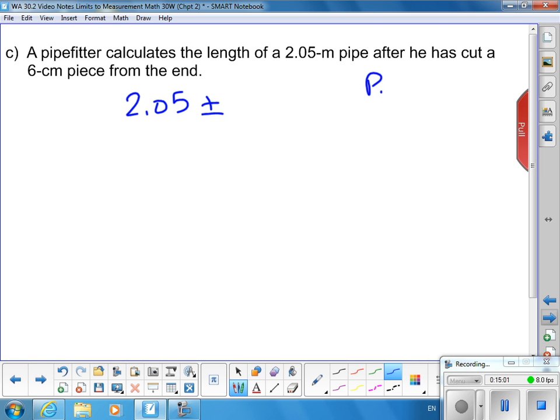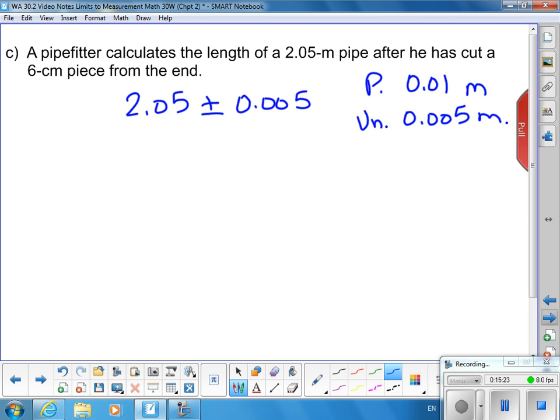Okay, your precision is 0.01 meters. Uncertainty is 0.005 meters. Okay, so your uncertainty will still be added together because they're both still uncertain.